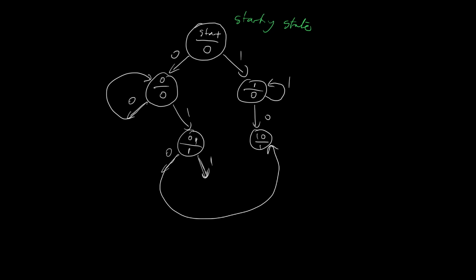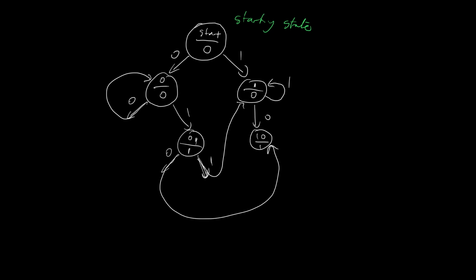And I could create a new state called 1, 1 to demonstrate that, but that's redundant because all we really care about is that we have observed the previous inputs are 1 and now we're waiting for a 0. So go over there.